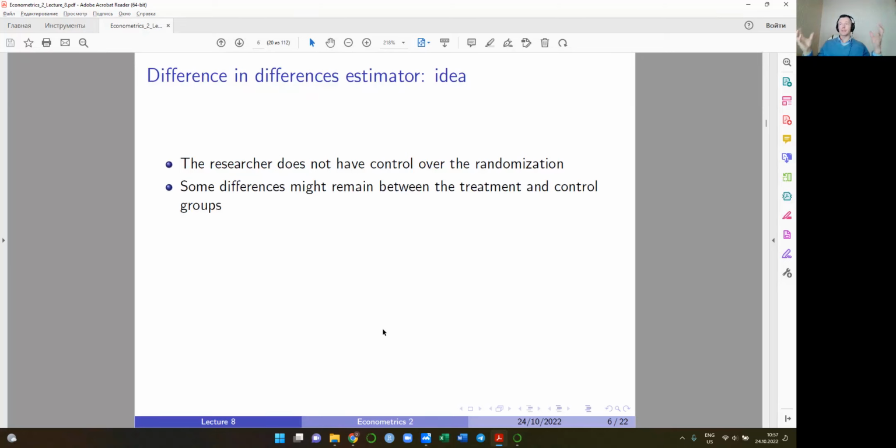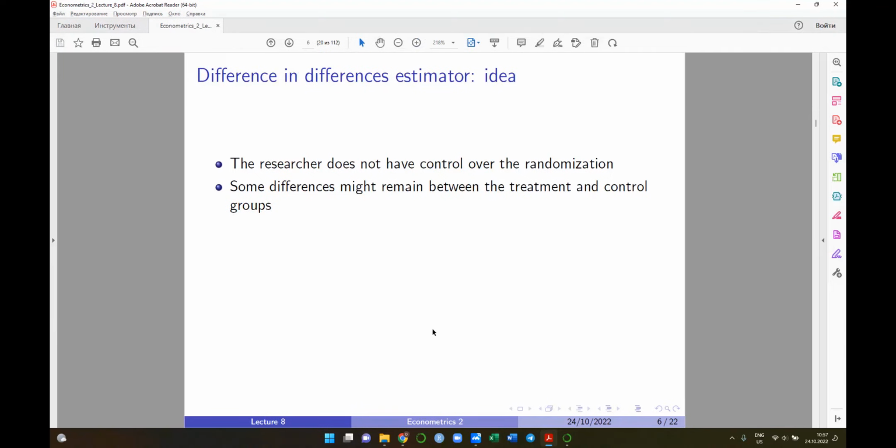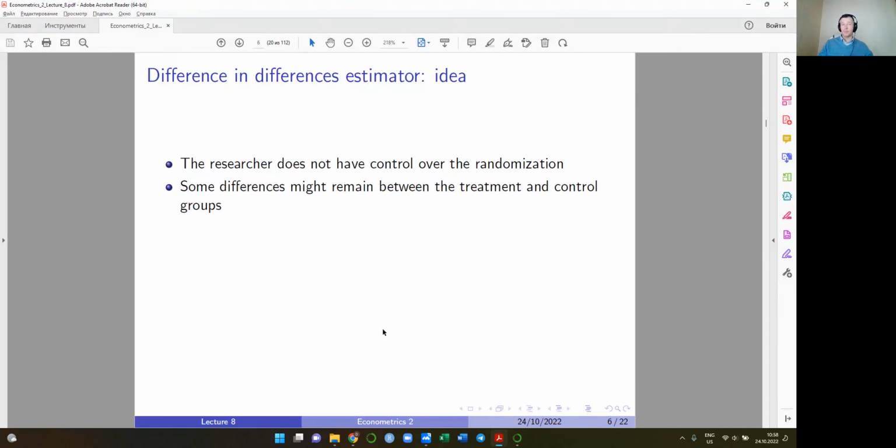So all the other variables like age, income, gender, something else, the distribution of these variables in the treatment and control group must not be different. But if we are looking for these natural experiments, sometimes these differences might be present.